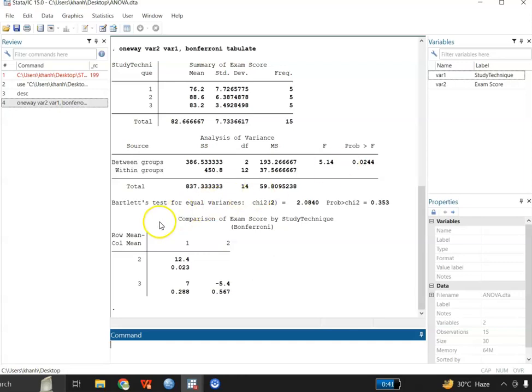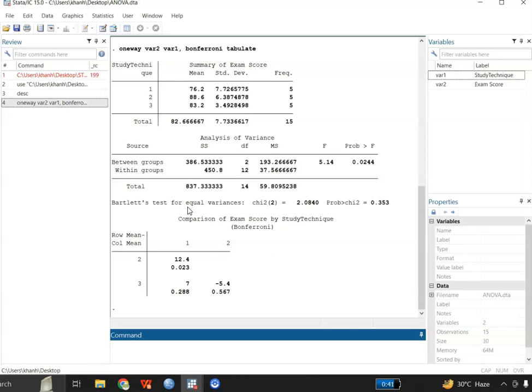Then I also used the Bartlett test for equal variance, and its chi-square value is 2.0840, and its p value is 0.353. Here the null hypothesis is that the variances of the different groups are homogeneous.